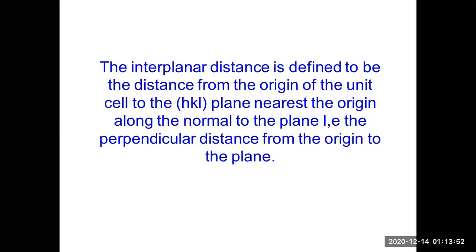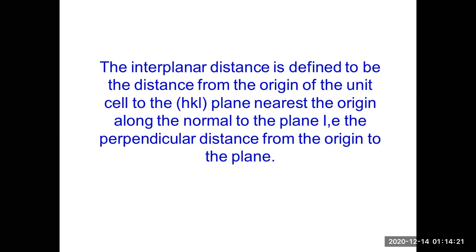If I take a plane which is passing through the origin of the unit cell, the next plane will pass through an equidistant distance with respect to the other plane. We call such a distance the interplanar distance.